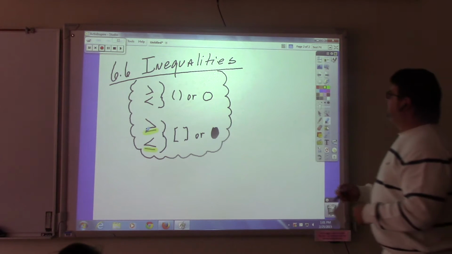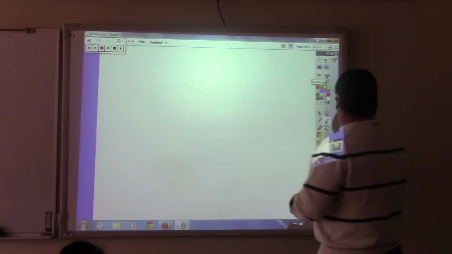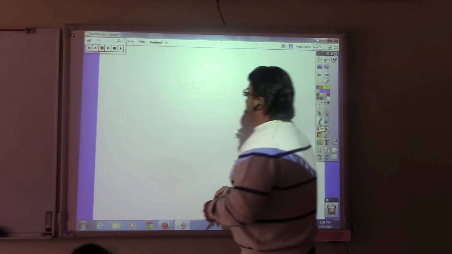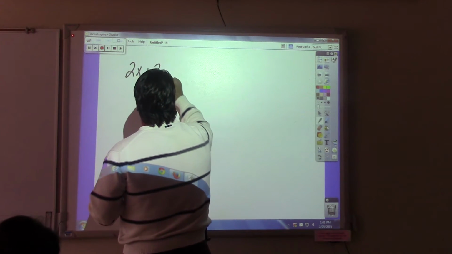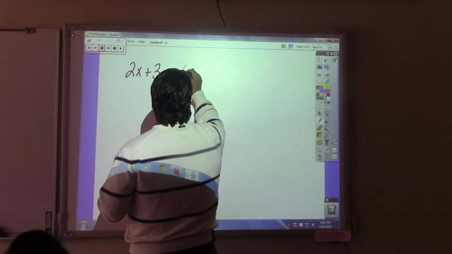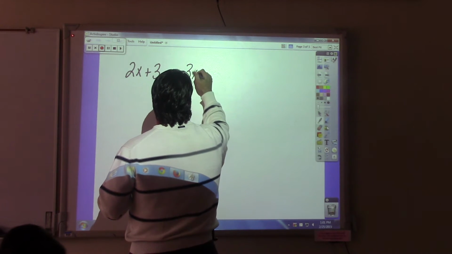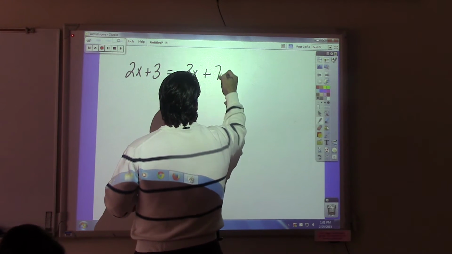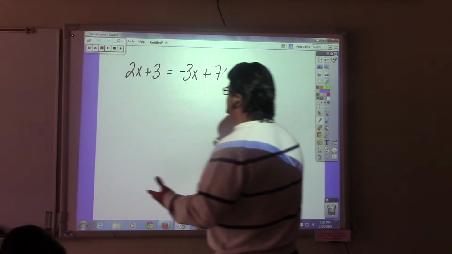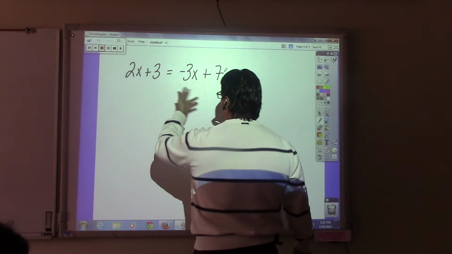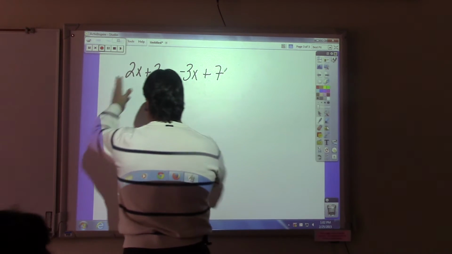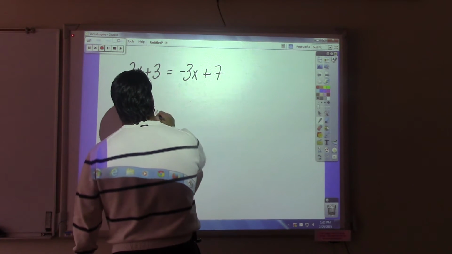Now let's take a look at an example. We used to do 2x plus 3 is equal to negative 3x plus 7. All right, that's what we used to do. This is an equality, and we solve it the same way. That negative 3x will come over and make 5x.